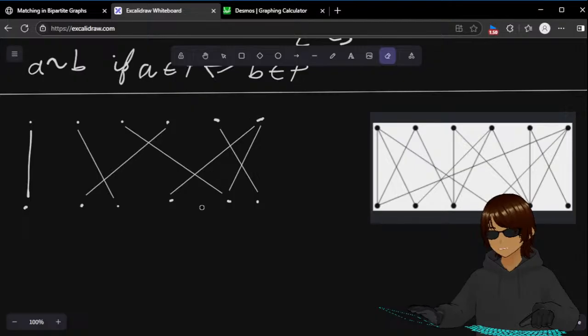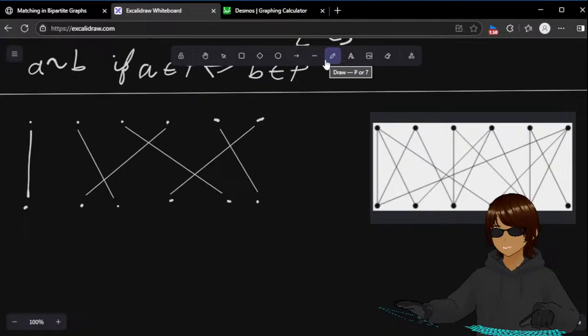And this one is an issue. No, no, it's not an issue actually. Yeah, this is a matching, right? Every vertex belongs to one edge.